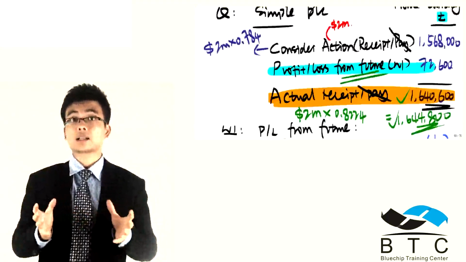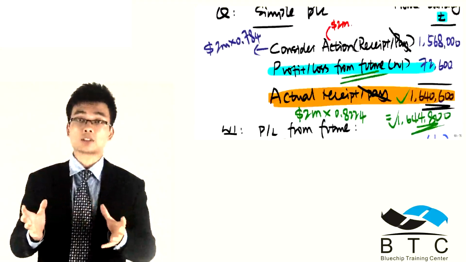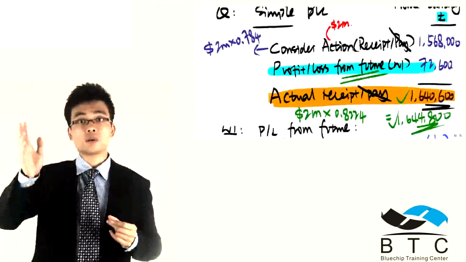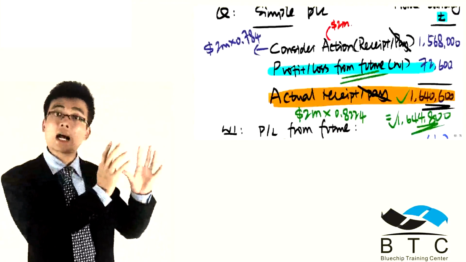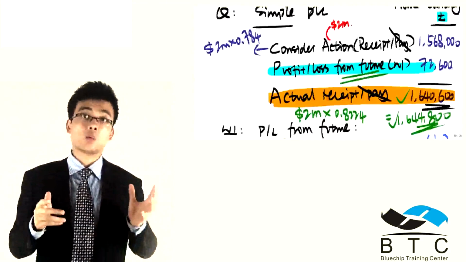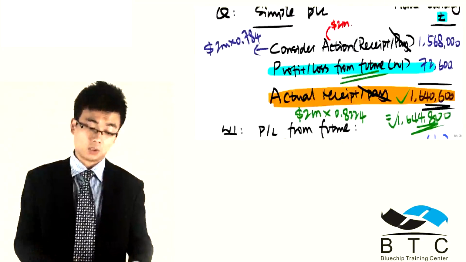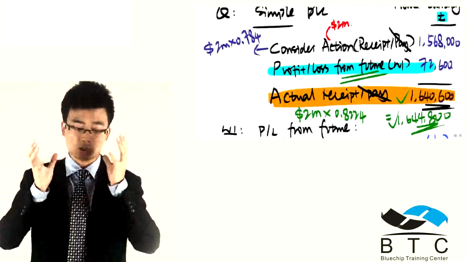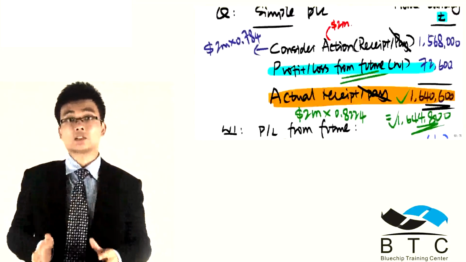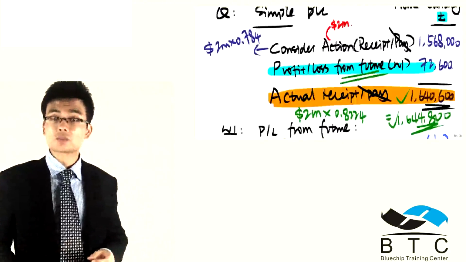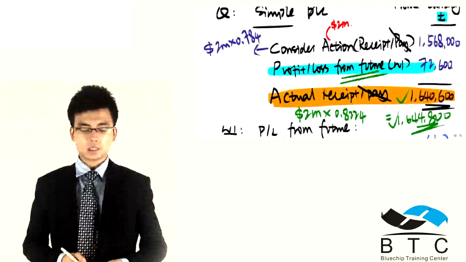Despite the fact that the exchange rate will move and move and move, we have locked into that rate in the futures market, so that's why we create an outcome that will be almost the same as if we were to use the $2 million converted into today's terms. Okay, so this is how the futures contract may work.